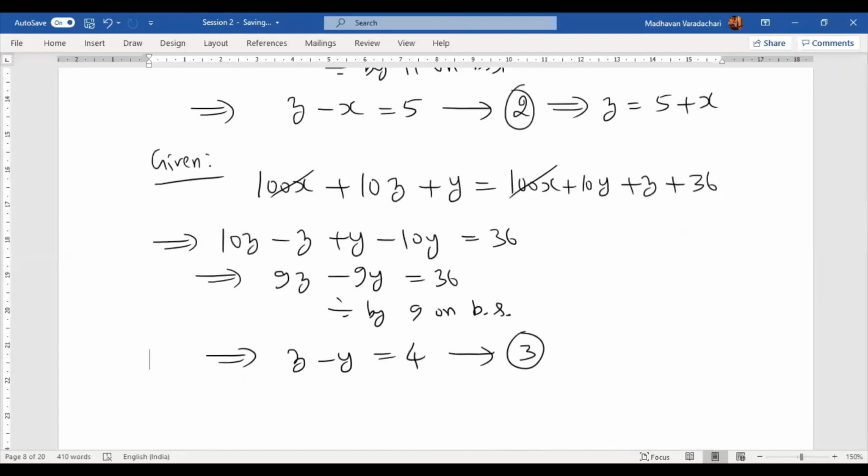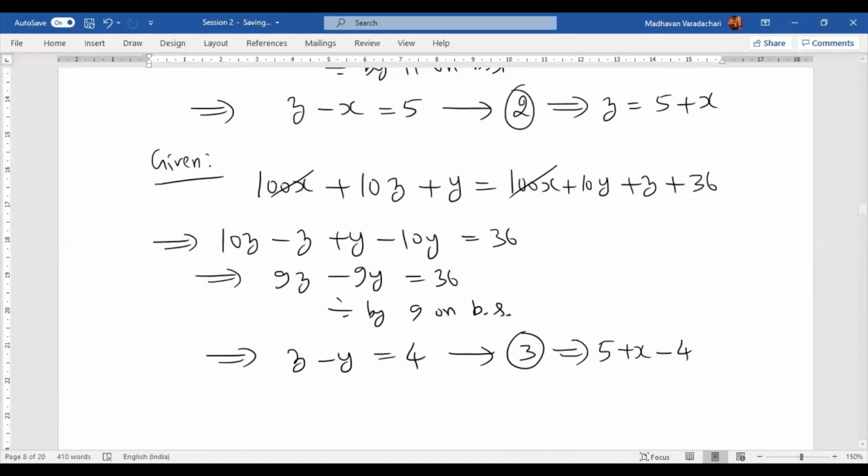Similarly, here also I know z is 5 plus x. Instead of z, I am putting 5 plus x. Then this 4 I am taking to the left side, it became minus 4.